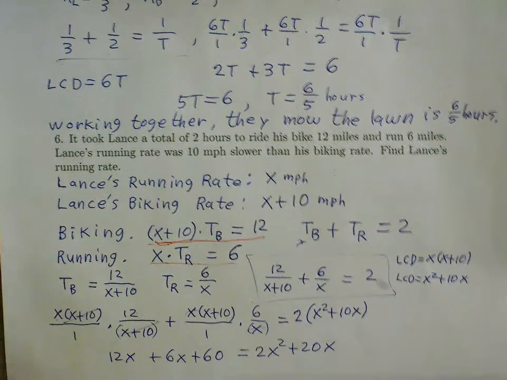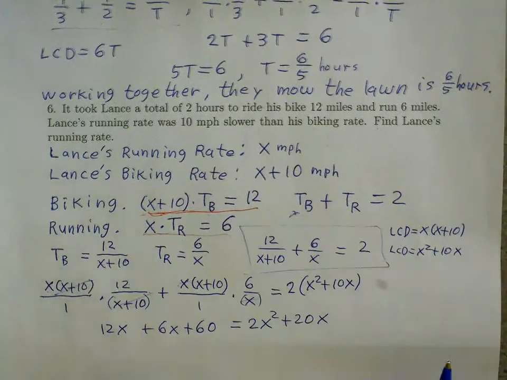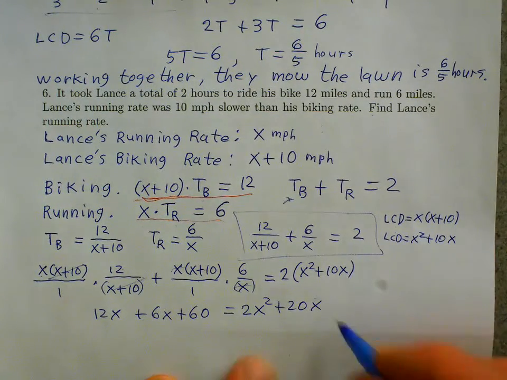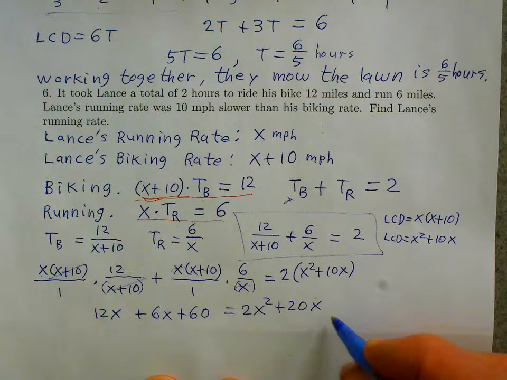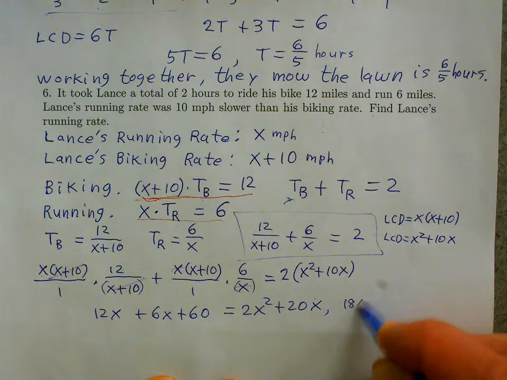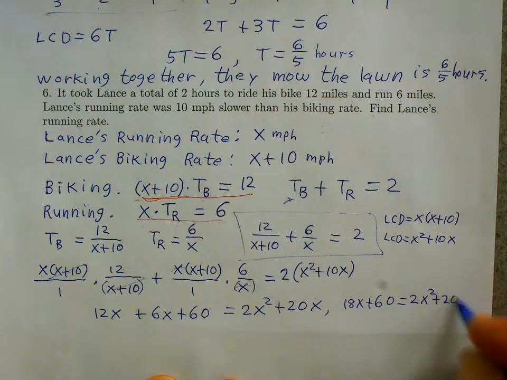Okay, we'll combine like terms, set one side equal to 0, and then solve the equation. So on the left-hand side, 12x plus 6x is 18x. So 18x plus 60 equals 2x squared plus 20x.